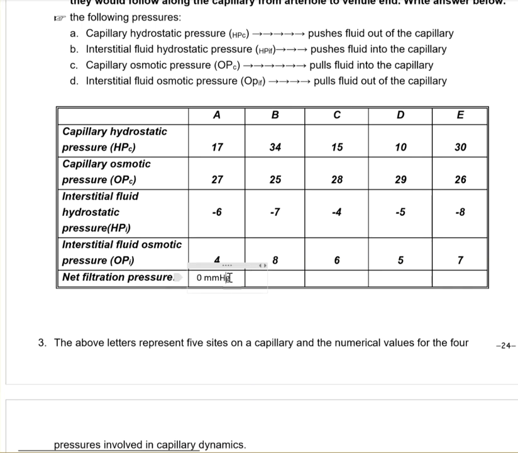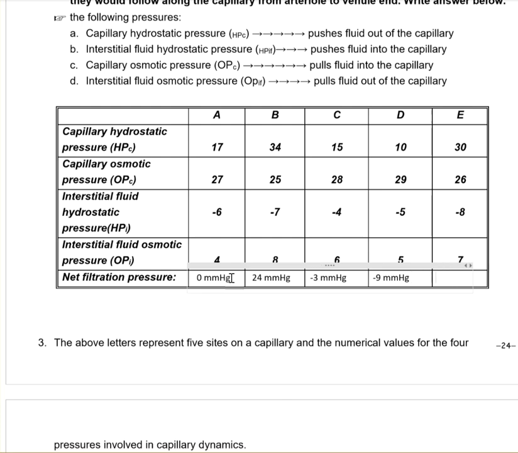Okay. Now, let's continue along here. The next one, I got 24 millimeters of mercury. The third one, I got -3 millimeters of mercury. For D, I got -9 millimeters of mercury.